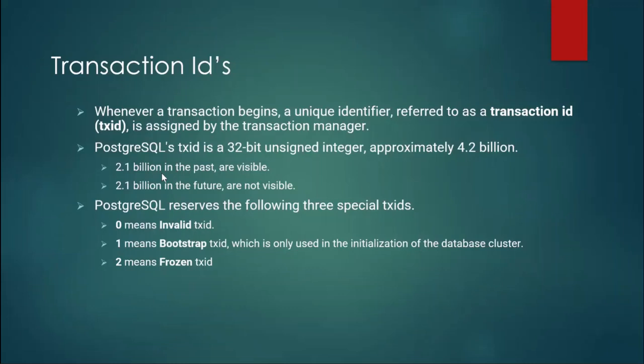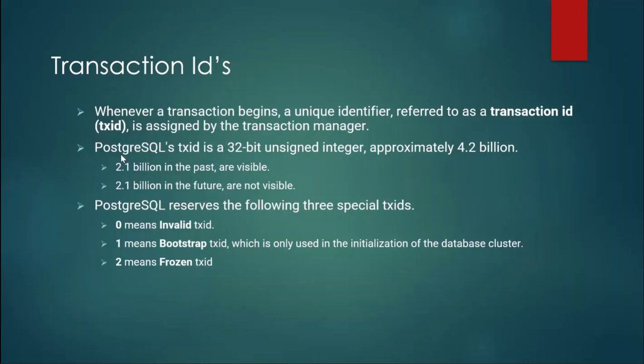All the previous transactions, whatever you perform, have some limitation of 2.1, and the future transactions which we are going to perform are for 2.1. This point you have to remember. So the total is 4.2 billion transaction IDs it will generate, not beyond that. Whenever you reach this limitation, you have a situation called transaction ID wraparound, which we are going to discuss in the coming slides.